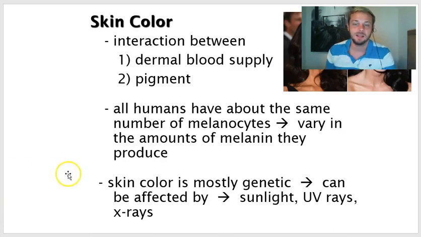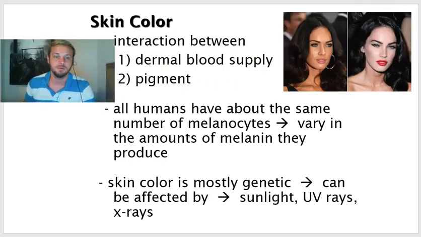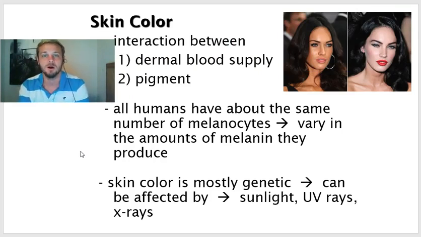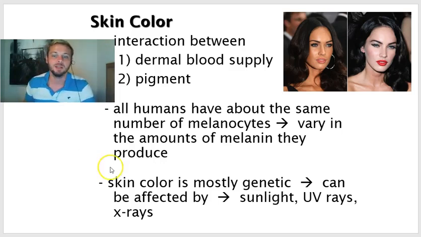So skin color mostly is going to be genetic. If you look at your skin, it's probably going to look a little bit like your mom and your dad kind of merged. But it can also be affected by stuff like sunlight, UV rays. So looking at Megan Fox, very pale in this one, not so pale in this one.